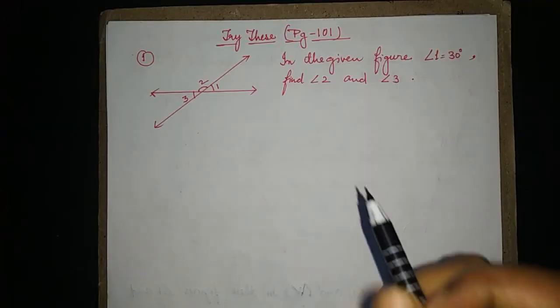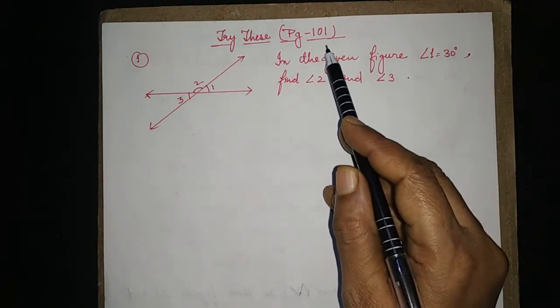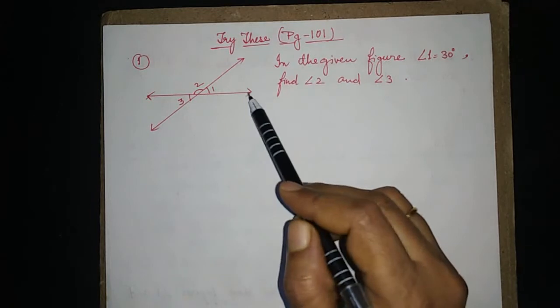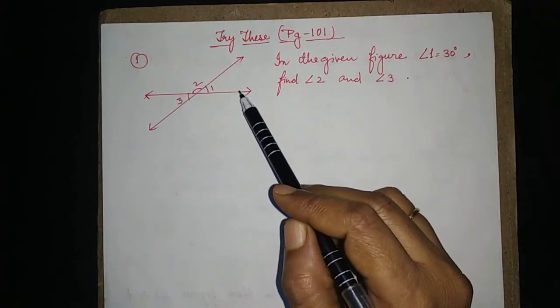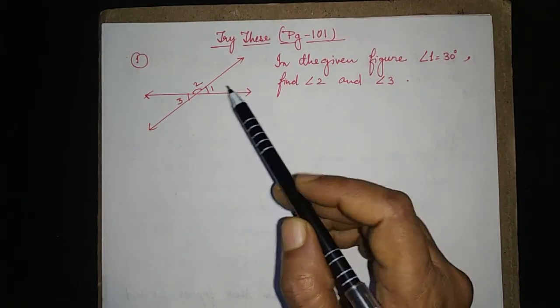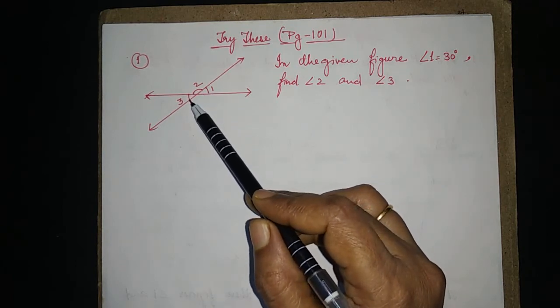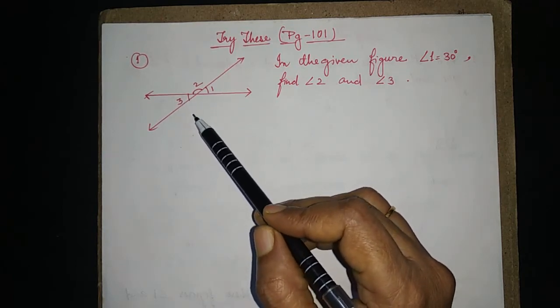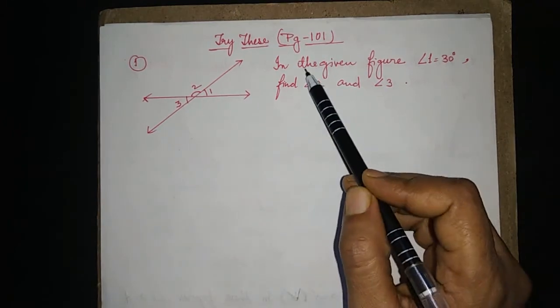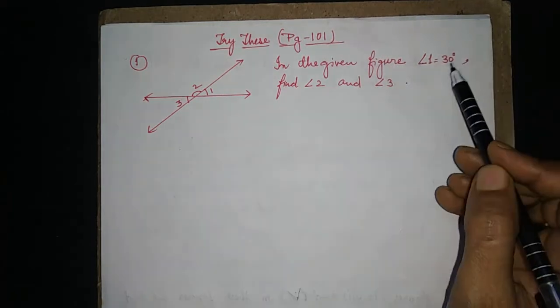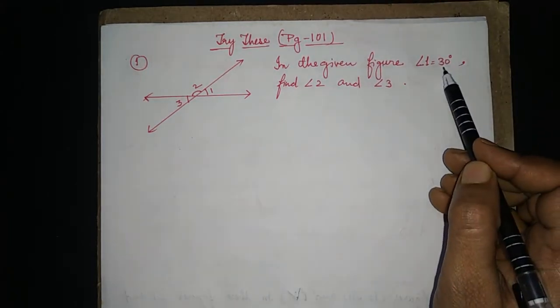Now try these of page number 101. Here you can see two lines are intersecting each other, and this is the angle 1, this is 2, and this is the angle 3. Question is, in the given figure, measure of angle 1 is 30 degrees.